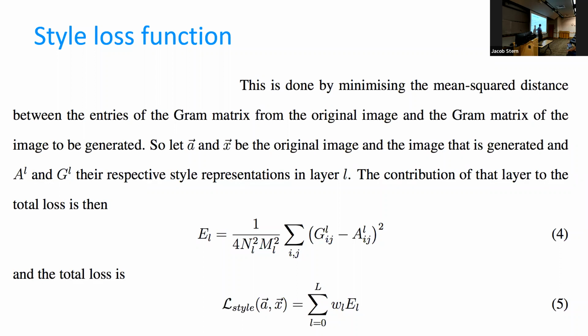And then dividing by n squared is to normalize for feature maps of different sizes. Oh, and also for our final style loss, our content loss only comes from one layer, whereas our style loss comes across multiple layers. So we will also sum across several layers with different weights for each layer.